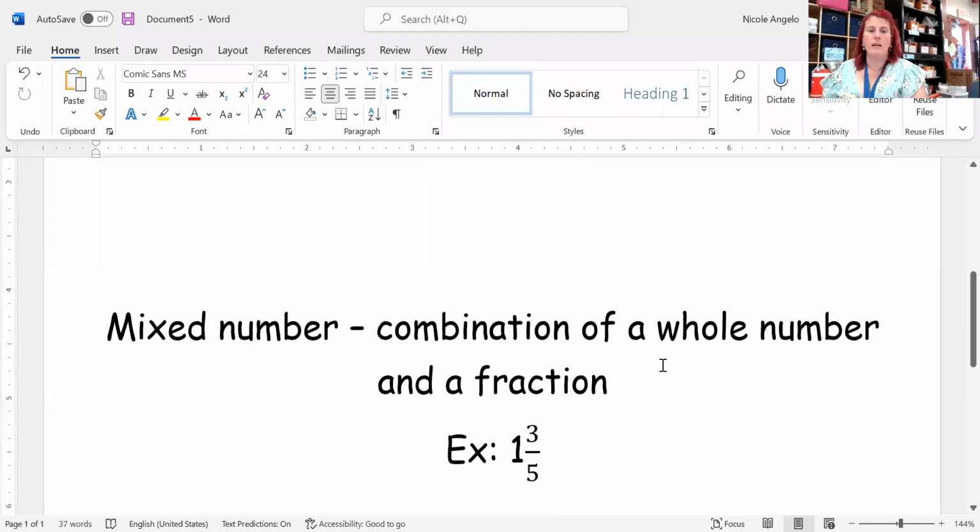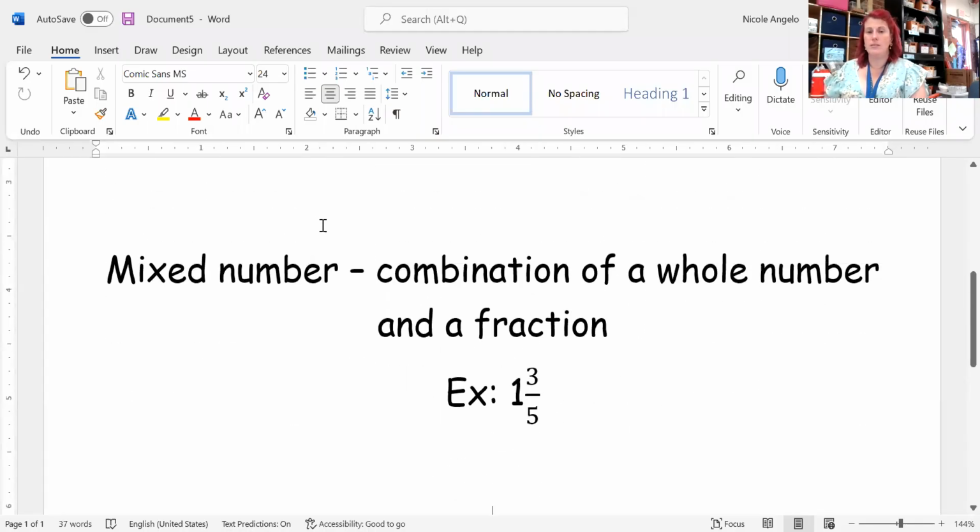Now, that was a recap of what we did yesterday. We're going to progress into decomposition of mixed numbers. In order to do that, we need to know what a mixed number is. A mixed number is a combination of a whole number and a fraction.